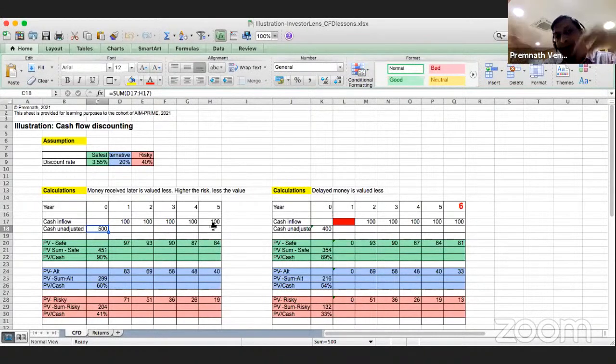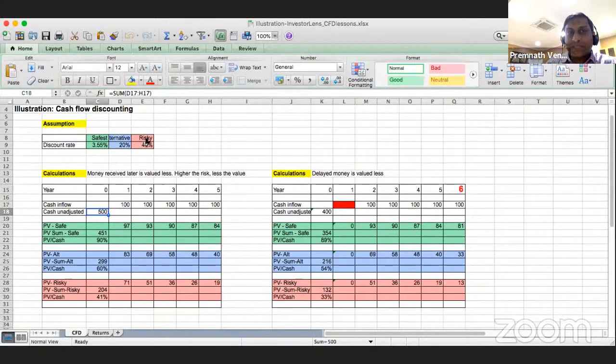Now here is another option, which is a riskier option. I take 40%. That means this is a guy who is going to put money in a very risky option, because he already has other things which make him 35%, 30%.